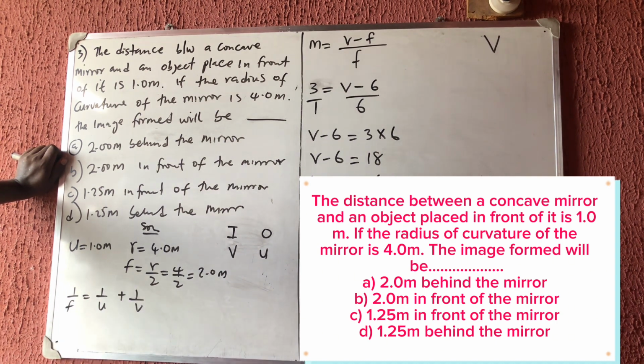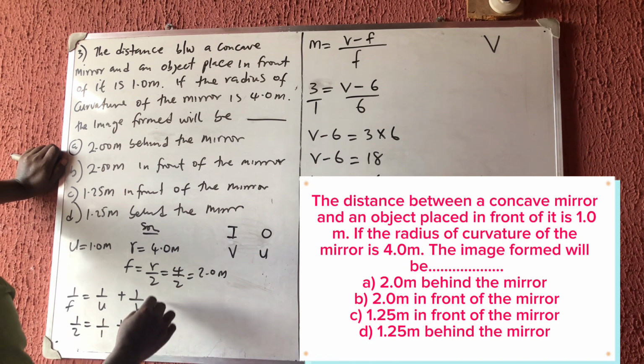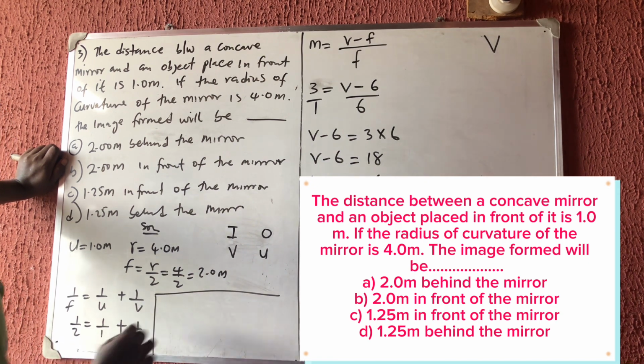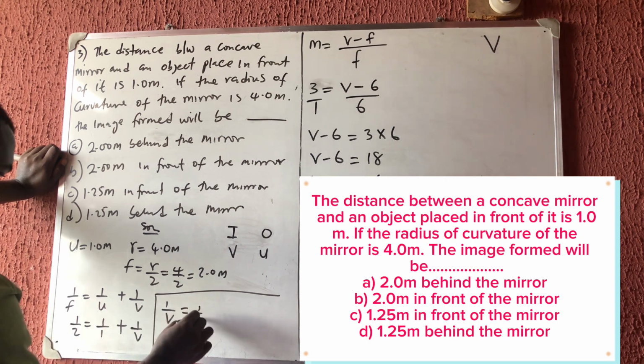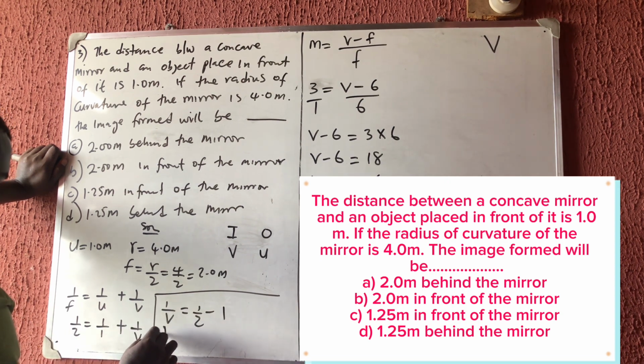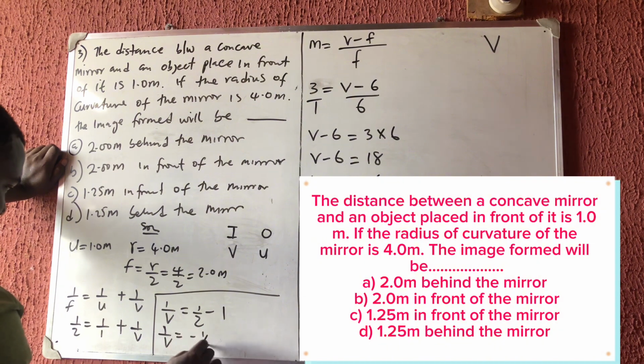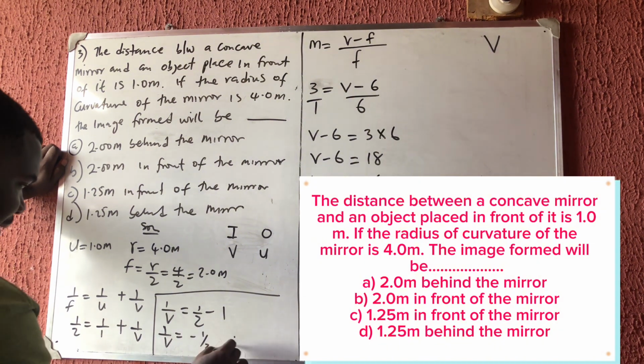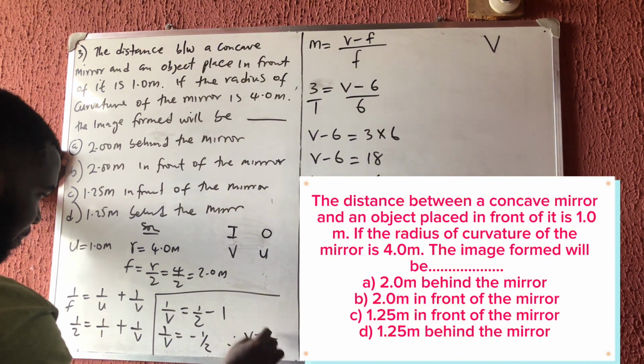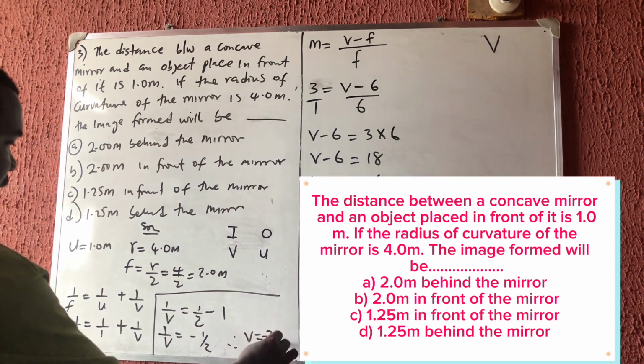So we now have that 1/2 is equal to 1/1 plus 1/v. And I have that 1/v is equal to half minus 1. So 1/v is equal to minus half, which implies that my v is minus 2 meters.